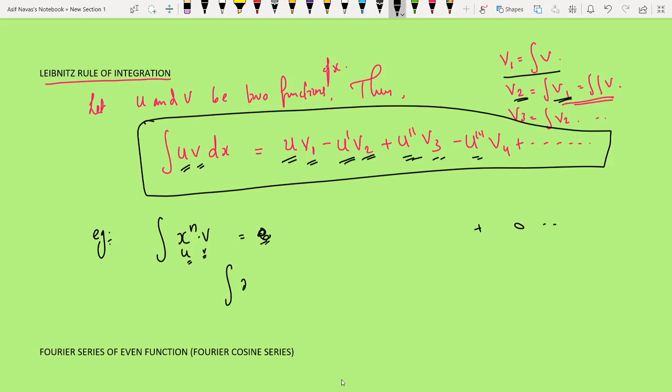For example, if you want to find the integral of x square sin x dx, then this formula is useful. Take u as x square and v as sin x.